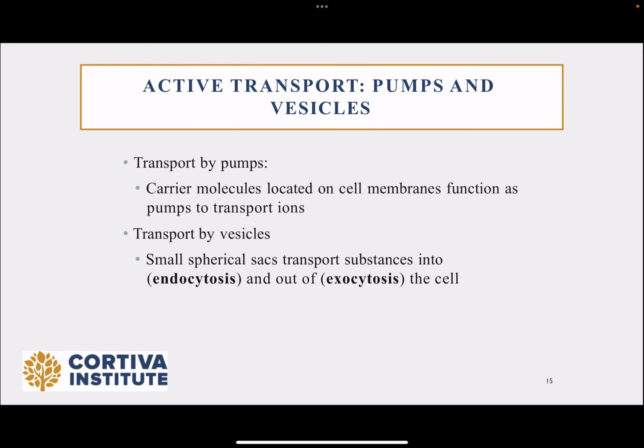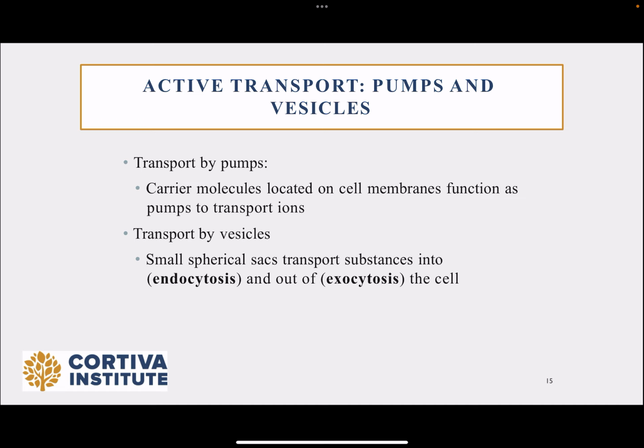We have different forms of active transport. For instance, we have pumps and we have vesicles. For instance, a pump is like the sodium potassium pump. This is actually going to help things like action potentials occur, because we need some sodium in our bodies to be able to do what we need to do, right?